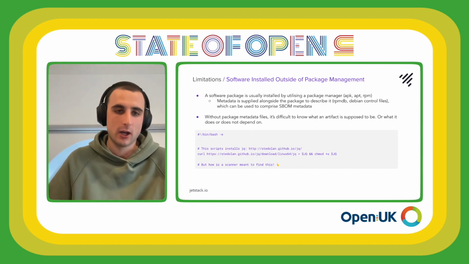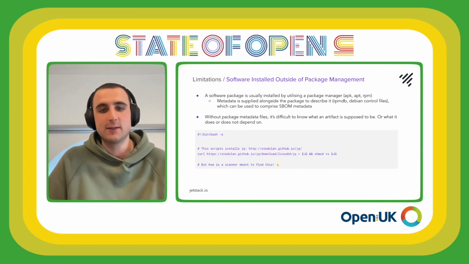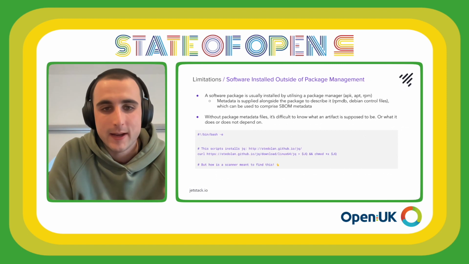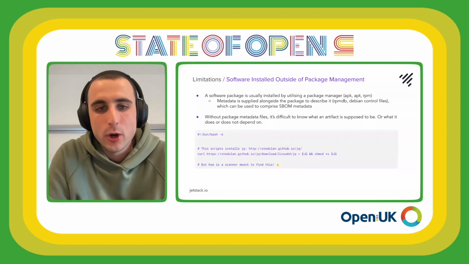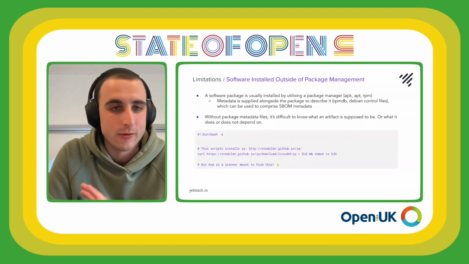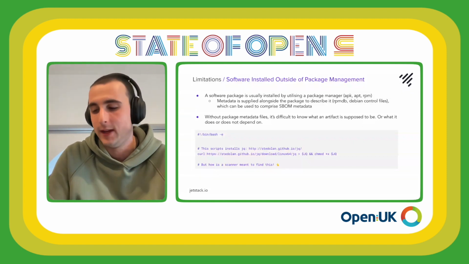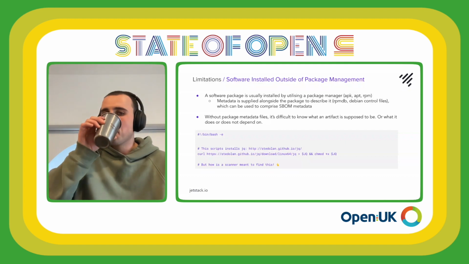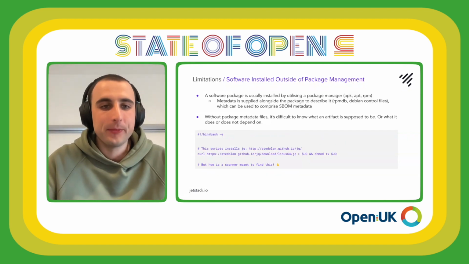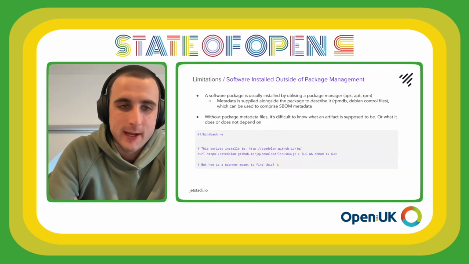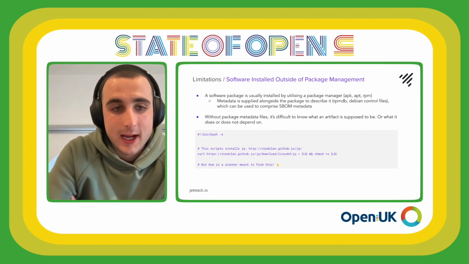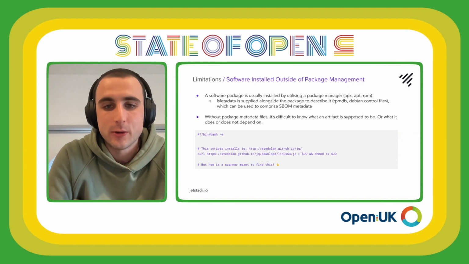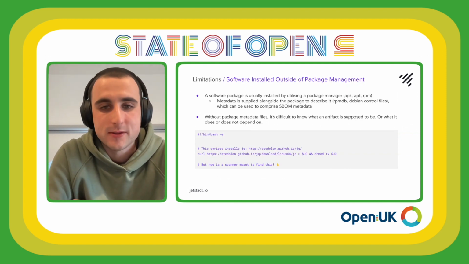Where we're not good to go with the scanners is when, and this is a very common thing that happens in a lot of businesses, a developer or an engineer will pull in a piece of software without using anything that's keeping track of it, like a package manager. At the bottom of the screen, you should be able to see a small bash script with a curl command within it. This is me as an engineer that's decided that I need jq inside my executable.